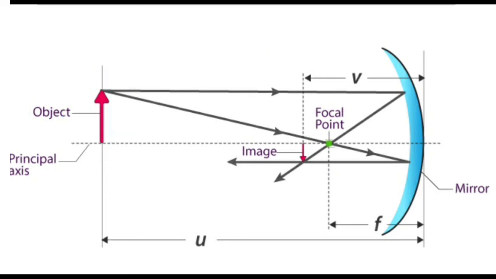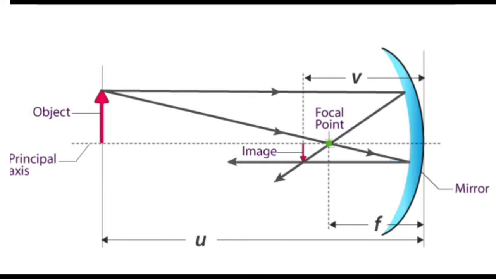Now, because of this object it will form an image here. This is the image where rays 1 and 2 intersect. Suppose the image distance is 4 centimeter, and it is lying in front of the mirror, then v is equal to minus 4 centimeter.